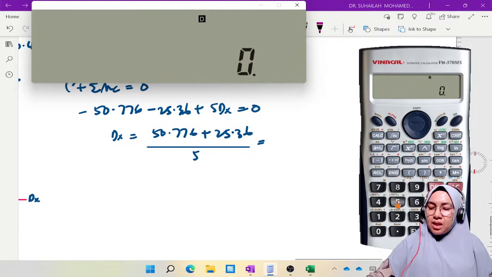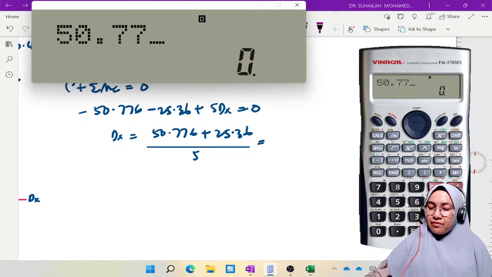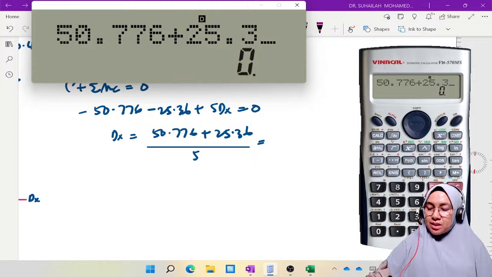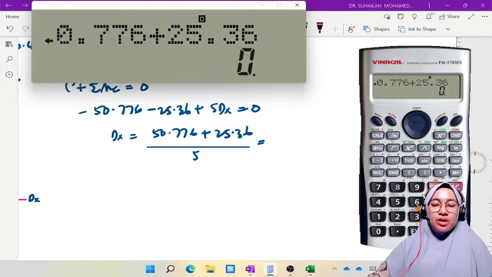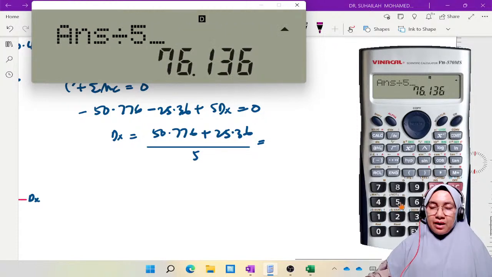So it is 50.776 plus 25.36 divided by 5.